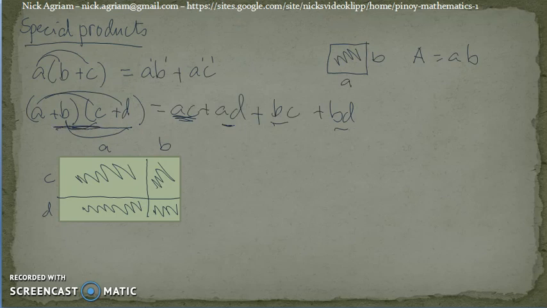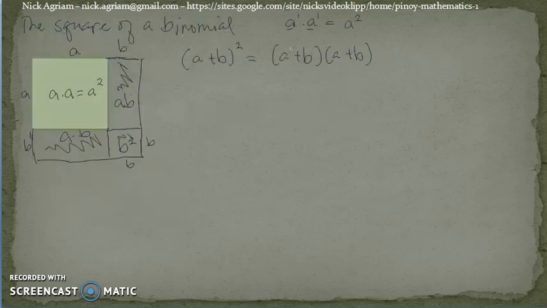This one, we can do the same. Let's see. A multiplied by A is A squared. And then A multiplied by B is AB. B multiplied by A is the same also as AB. Reminder again, AB is equal to BA. It doesn't matter. The arrangement of the variables doesn't matter.